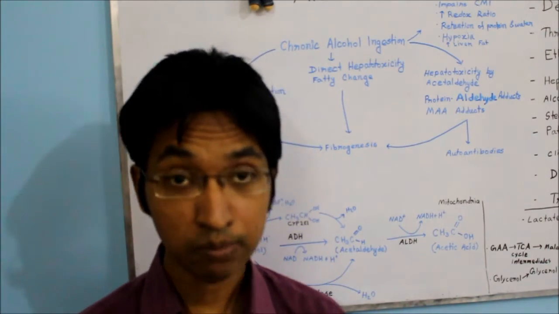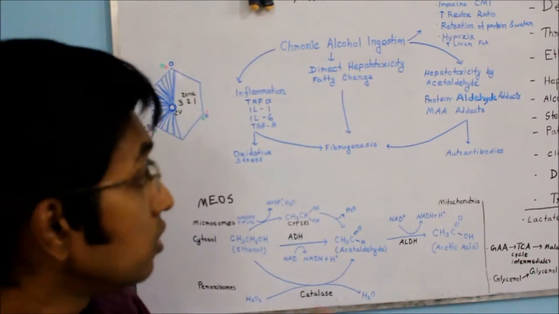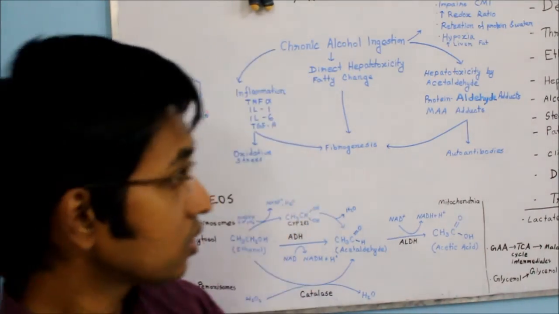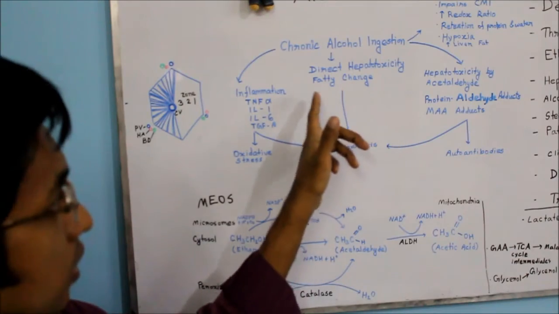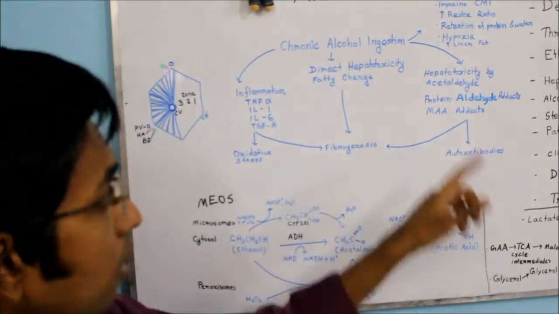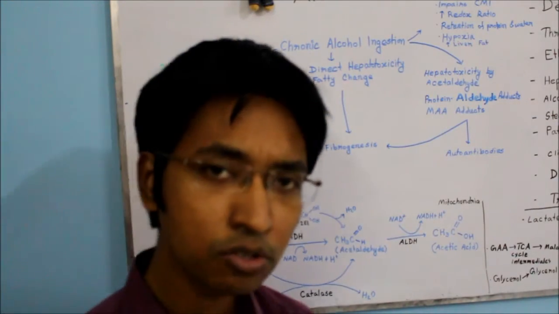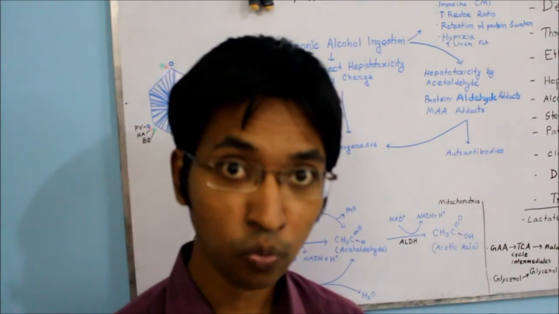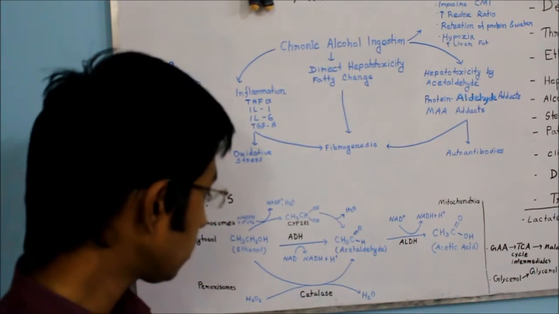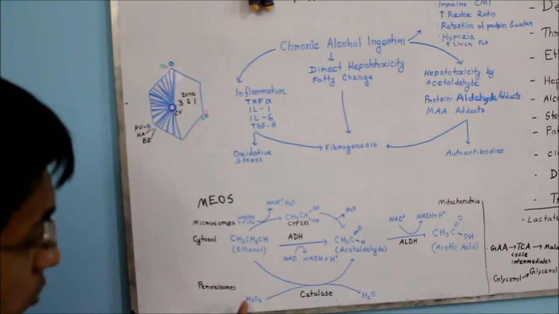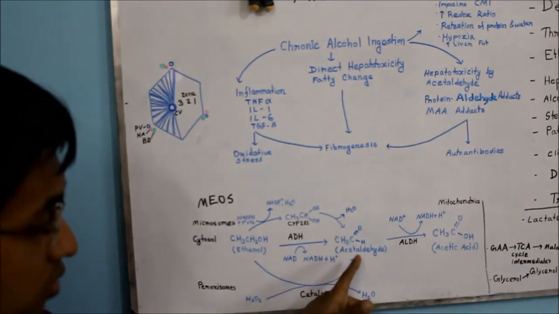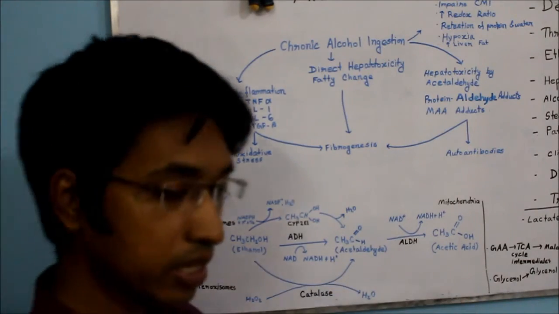However, at the same time, you have to remember that the major hepatotoxic effect of alcohol is exerted not by ethanol but by its metabolites, and mainly by acetaldehyde. Recall from my previous video on ethanol metabolism, we saw that ethanol first is metabolized into acetaldehyde, and later acetaldehyde is metabolized into acetic acid.